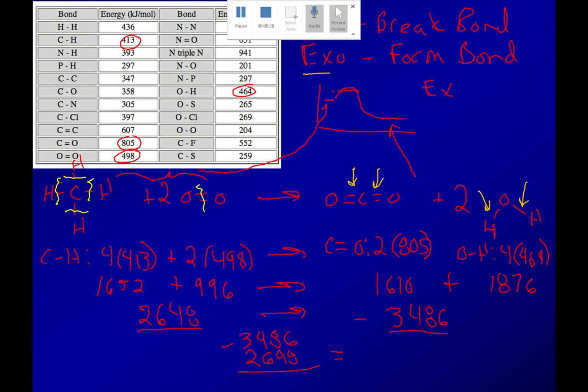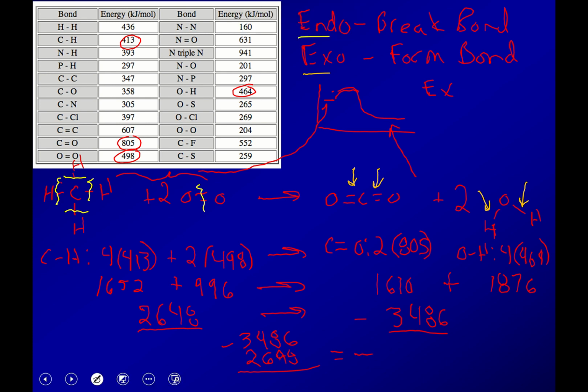Negative 3486 and 2648, sorry, that's supposed to be a 4 there, gives us a negative 838 kilojoules per mole of energy. And that right there shows it's an exothermic reaction. We gave off more heat than we took in, which matches our graph up here.